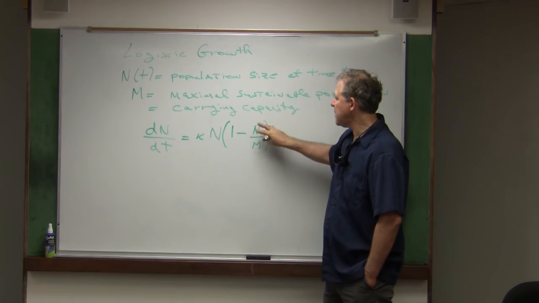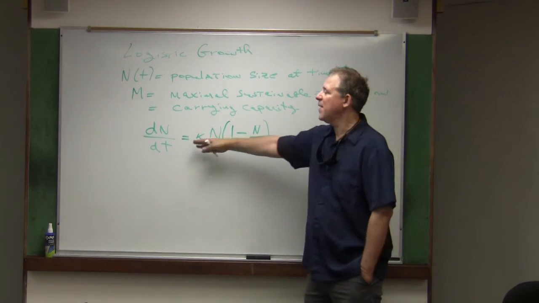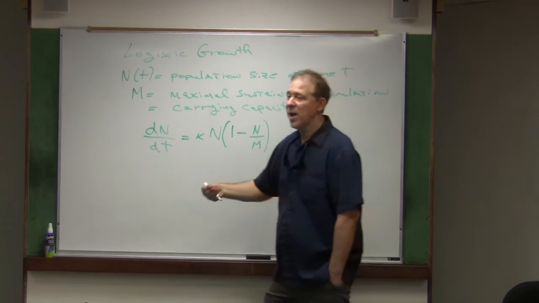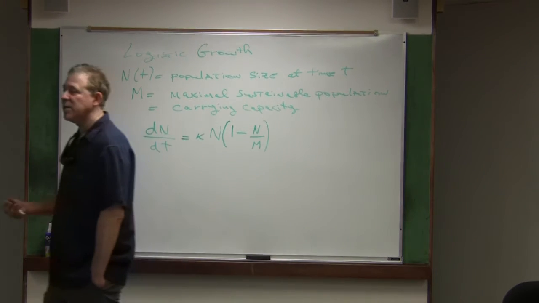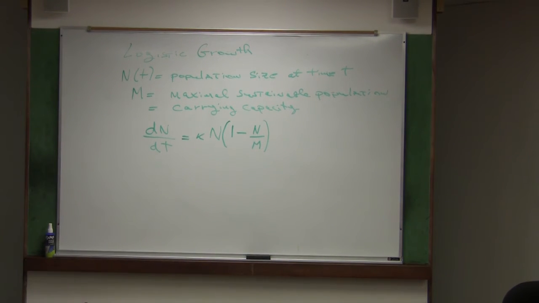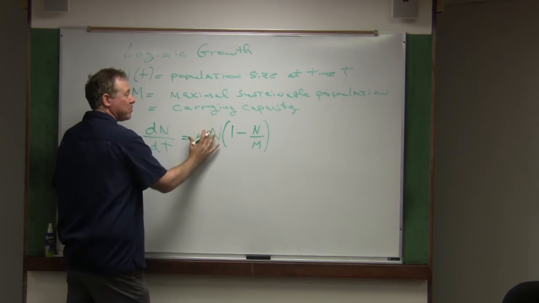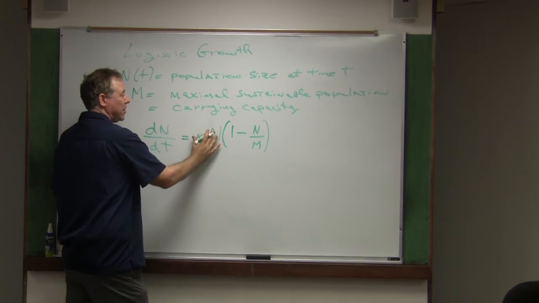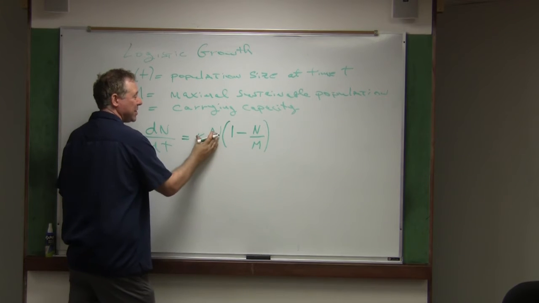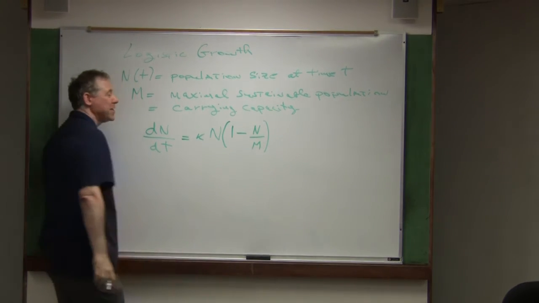So 1 minus something almost 1 will be small, and that will slow down the rate of change in the population. So this is tending to push it up, and this is tending to slow it down. This is speeding it up, that's slowing it down.